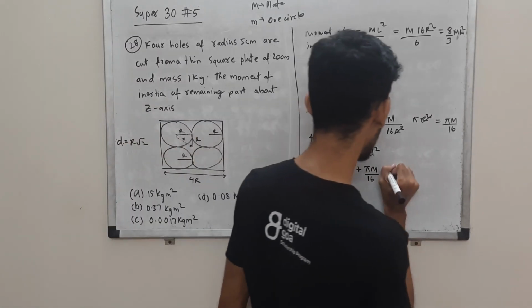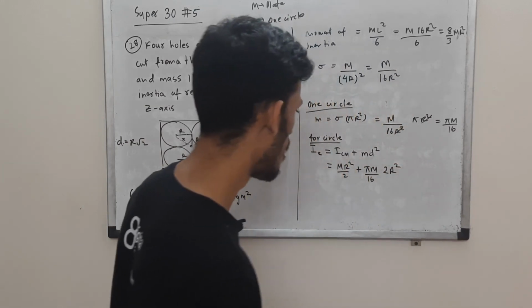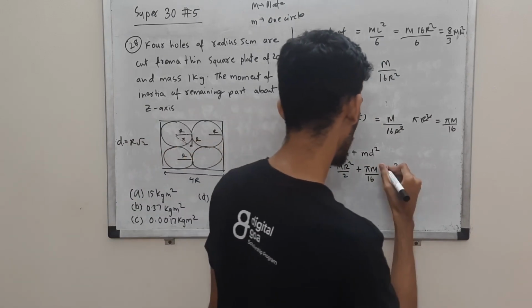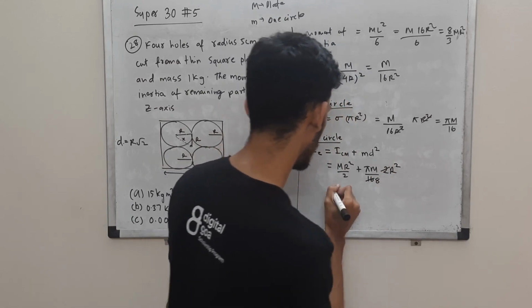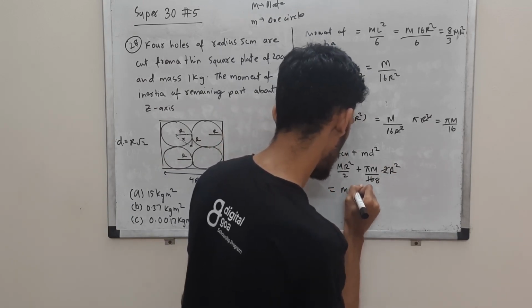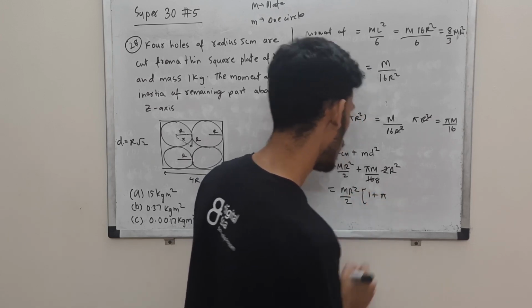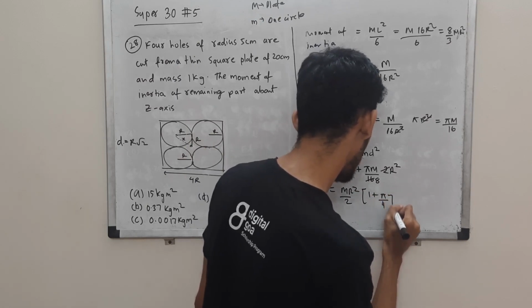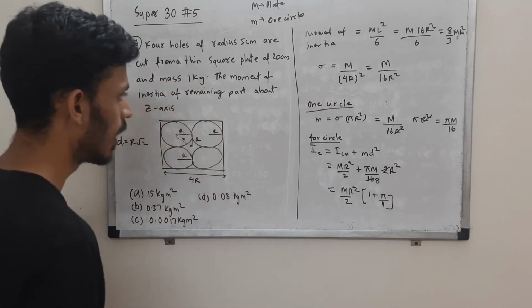So r root 2 square is 2r square. So what does this give us? The 2 can cancel with this, and we'll have mr square, actually you can take this common, by 1 plus pi by 4. I hope this is correct.